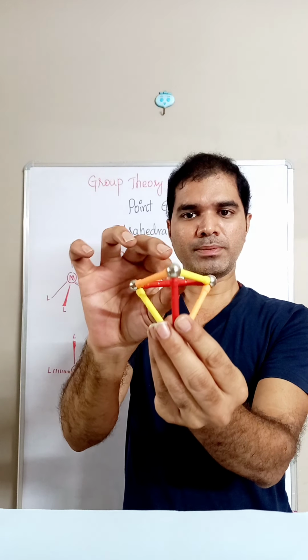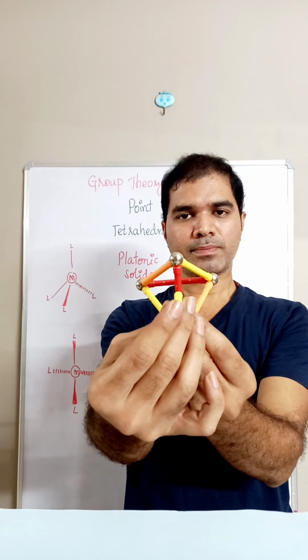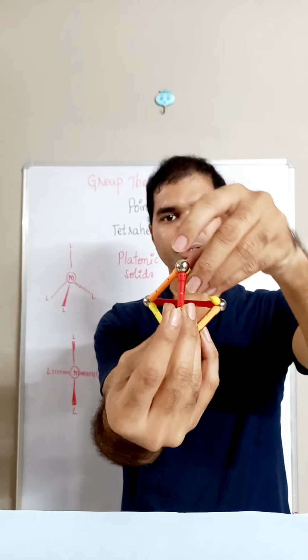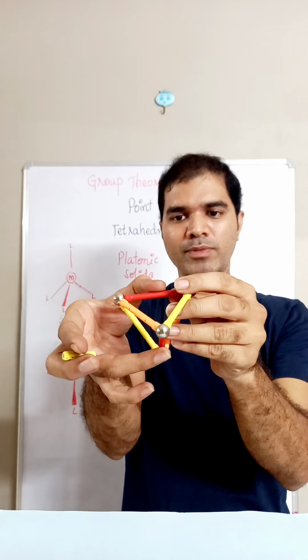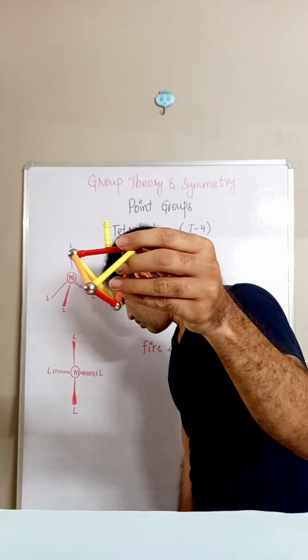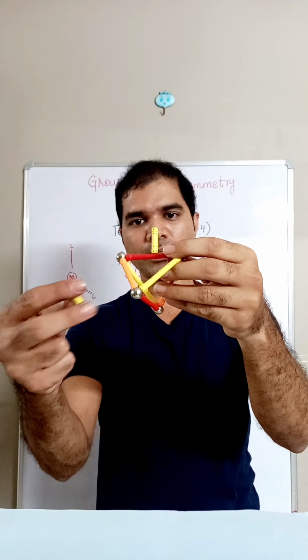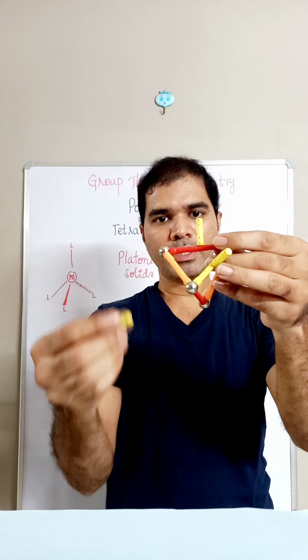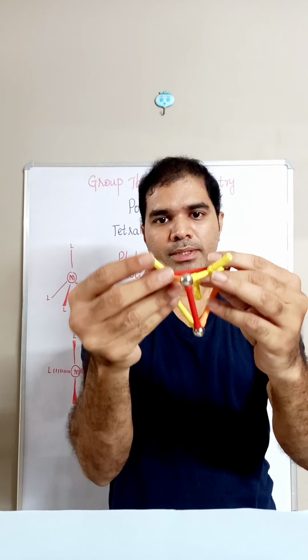You can have this view, and this is the C2. If one pair of the edges is taking one C2, there are 2 other pairs. This should also take a second C2. This is the second C2, and an orange one is also taking a third.